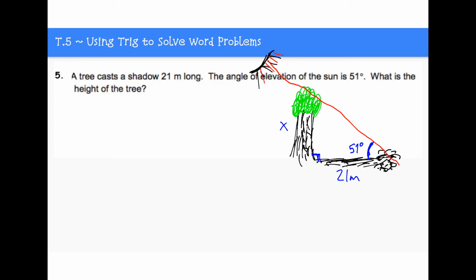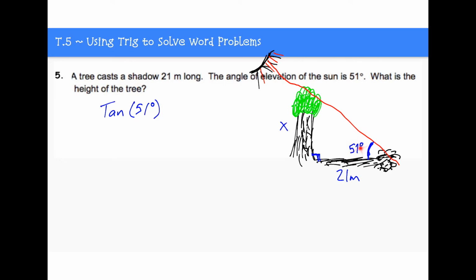So think about what trig function this one's going to be. Once again, let me know if it's going to be sine, cosine, tangent, and then if it's going to be inverse or just the normal trig function. This will be tangent of 51 degrees. Once again, we have our opposite right here, we have our adjacent right here, and the hypotenuse tells us nothing. So opposite and adjacent means this is going to be a tan problem.